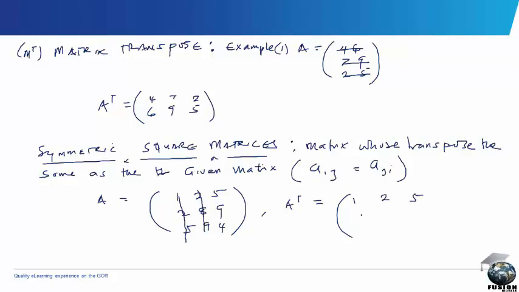Taking this as the column, this becomes 2, 8, 9, and then taking this as the last row, we have 5, 9, 4. Is it the same thing as the previous matrix? Yes, this is 1, 2, 5, this is 2, 8, 9, and this is 5, 9, 4. So you find out that matrices like this are not affected by transpose.